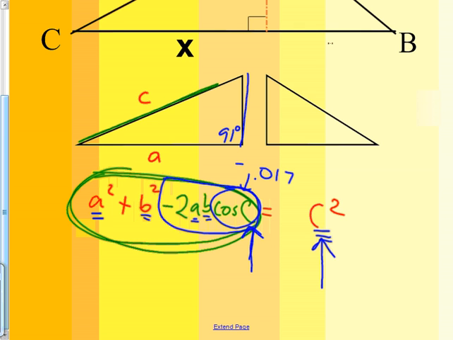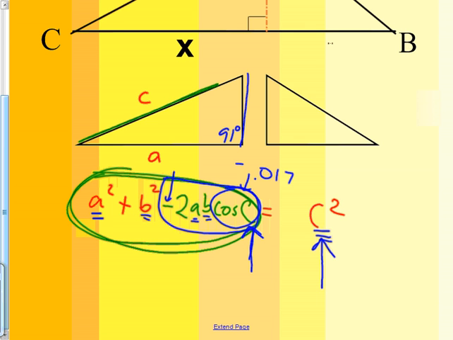Notice that negative, along with that negative that's already in the formula, turns that into adding a little something, doesn't it? All right, so I just want to show you why this formula works. Instead of just saying, here's the formula, trust it, I want to show you kind of why it works. Okay.